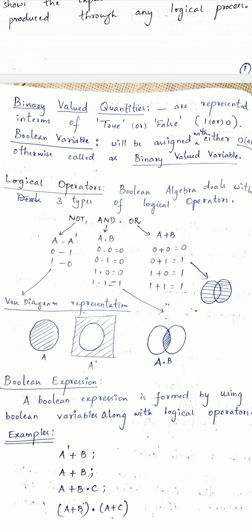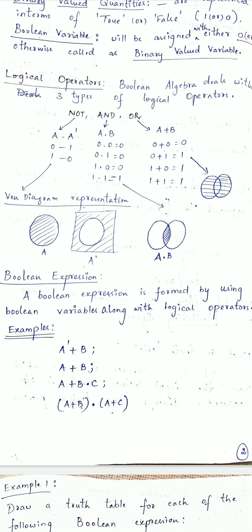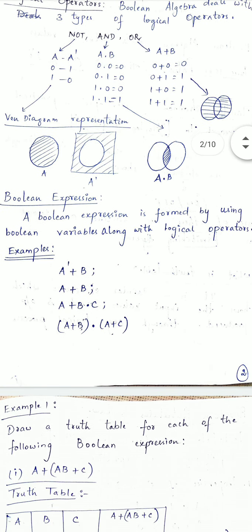To help you understand, here I am giving a Venn diagram representation. And if you know what a Boolean variable is, what a binary variable is, and what a logical operator is, then it is easy to construct a Boolean expression. The expression may have operators and operands.